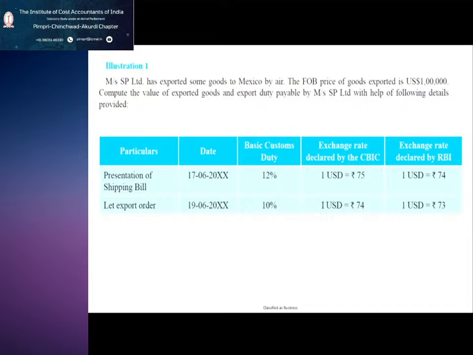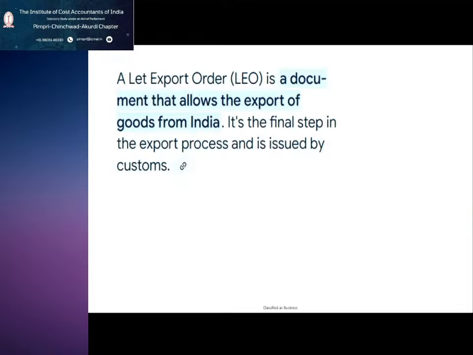Before that, you will be seeing there is a LET export order. So what does LET export order mean? It is a document that allows export of goods from India. That is the final step in the export process, and it is issued by the customs.